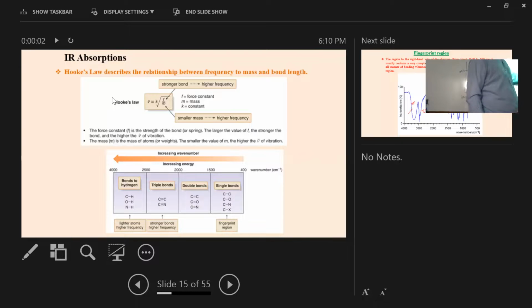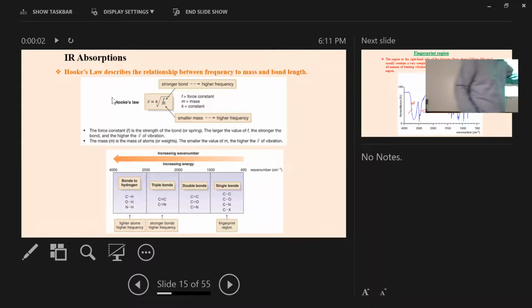So this is high energy, this is low energy. If the force constant is very high, you can expect the absorption to be around 2500 to 4000, or even close to 3000 or 4000. So for any molecule we can guess where the absorption frequency will be using this formula.